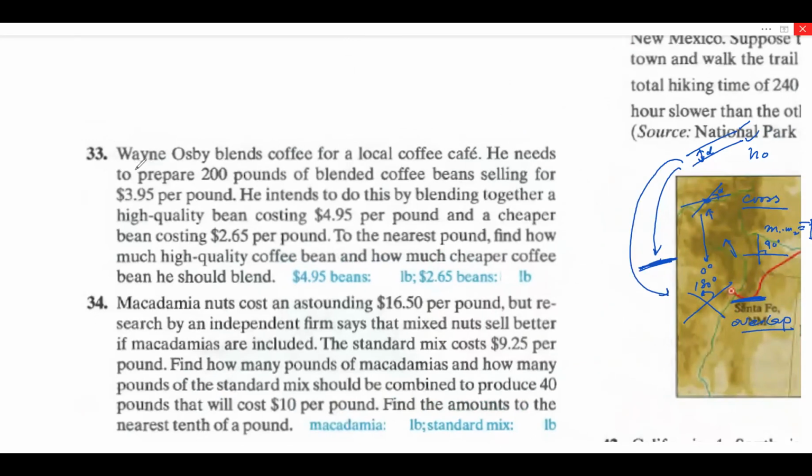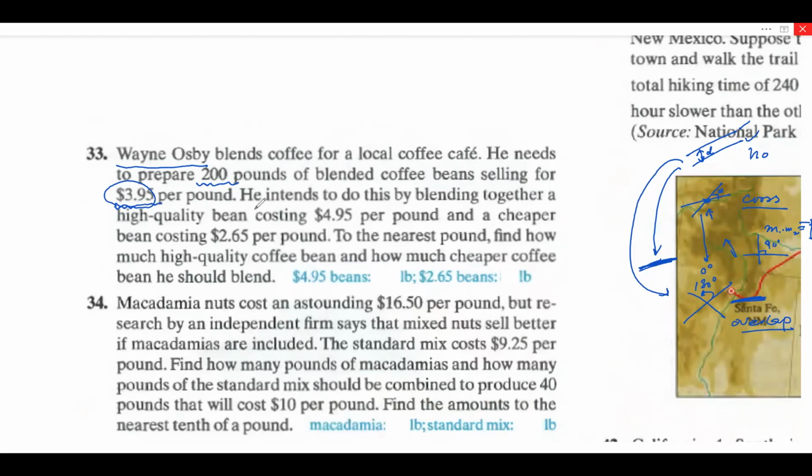A person named Wayne Osby blends coffee for a local coffee cafeteria. He needs to prepare 200 pounds of a blend of coffee beans selling for $3.95 per pound, dollars per pound, sorry.